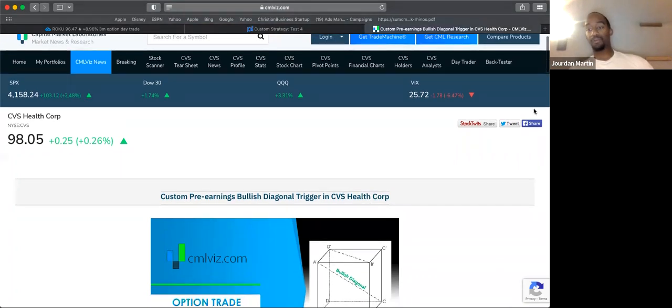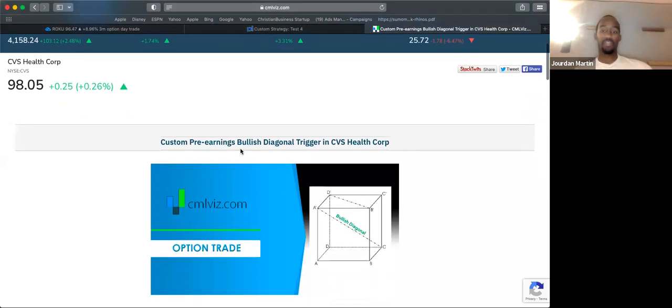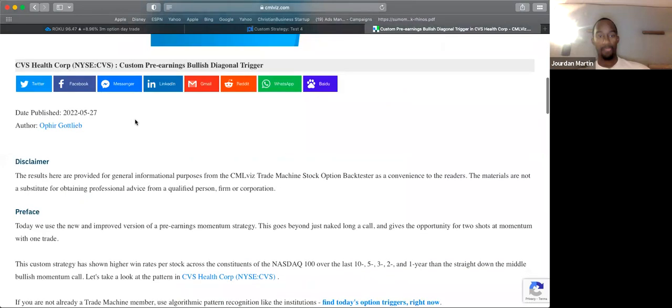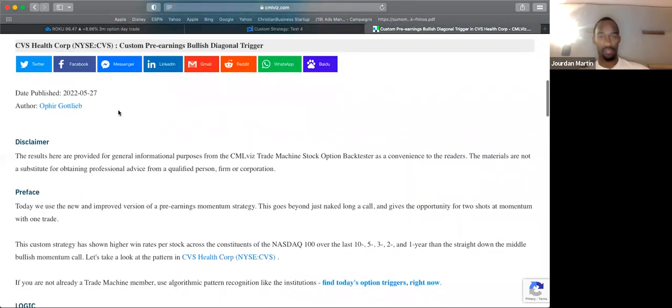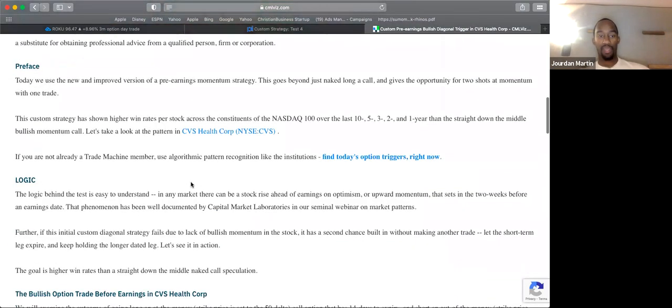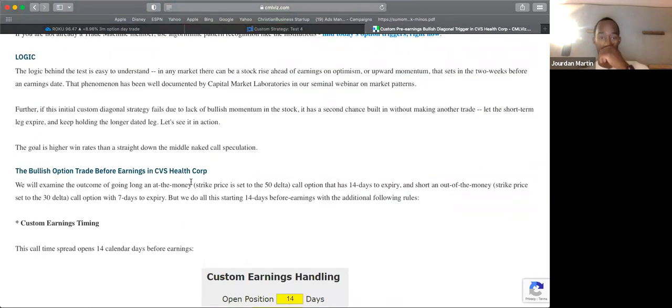But here's an example, right? So CVS is the stock, and this is saying that there's a bullish diagonal trigger on CVS. You can read all this. This is recent, today's date. And they ran a backtest. They have stuff that's automatically running.